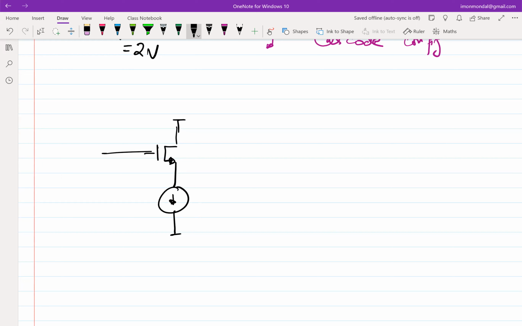So it seems like this node Vx incrementally is following the gate voltage, right? That's what source follower was. So which means that if I apply an incremental input here, so let's say this is VSQ and this is VGQ.